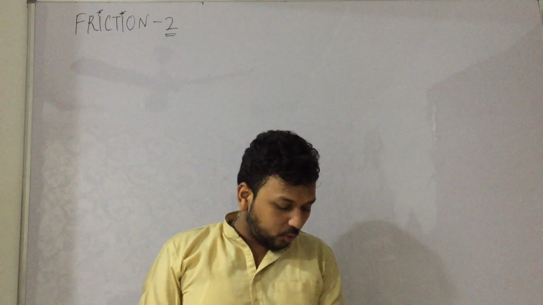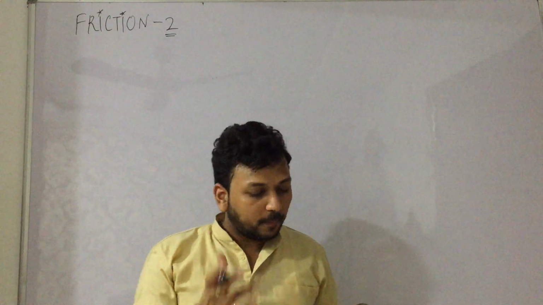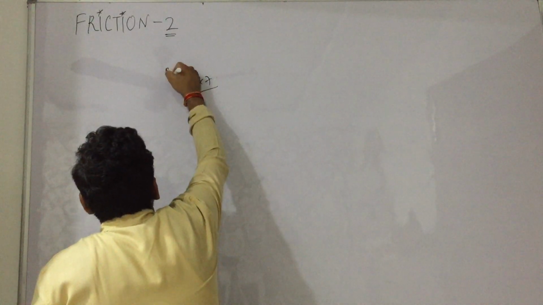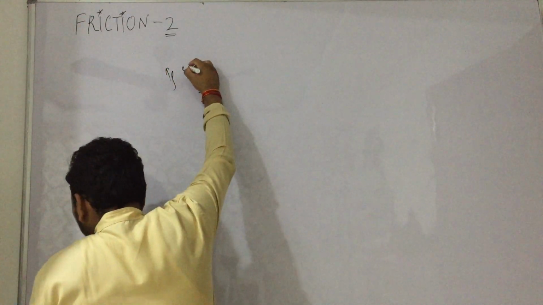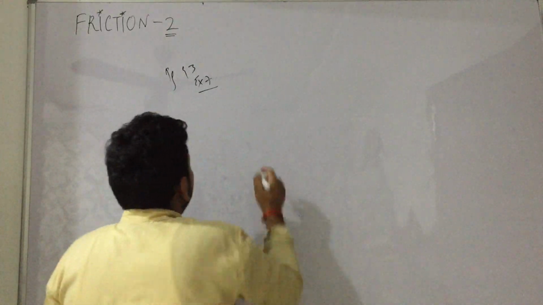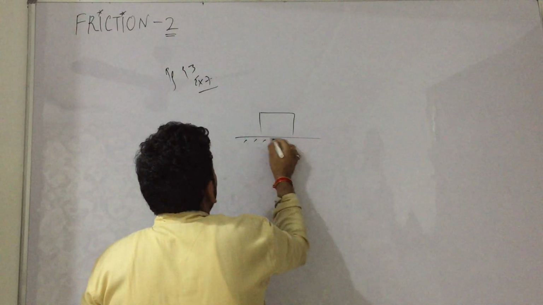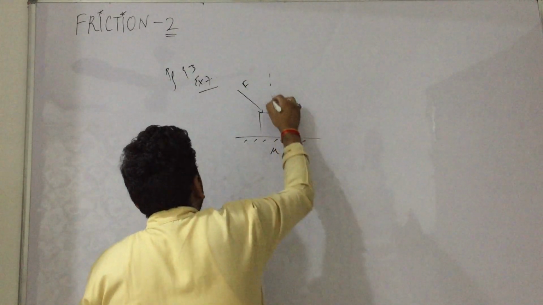Talking about second question, we can take example number 7 from page number 93. It is like this. Coefficient is mu and we are applying some force F at an angle theta.